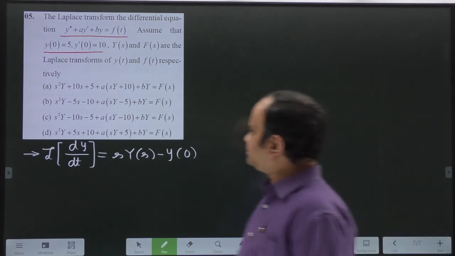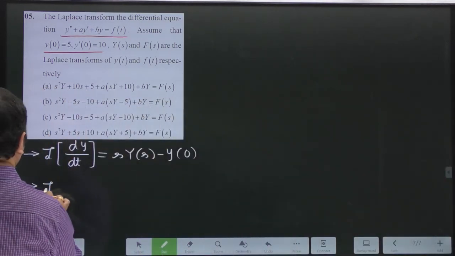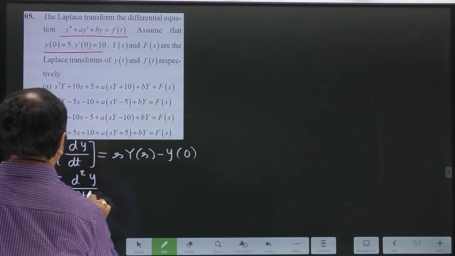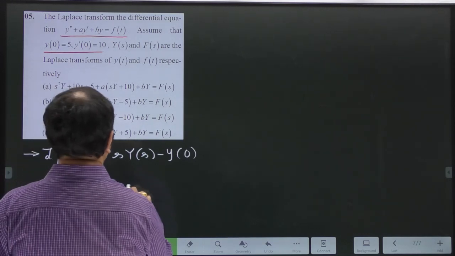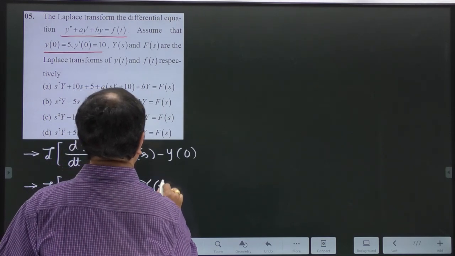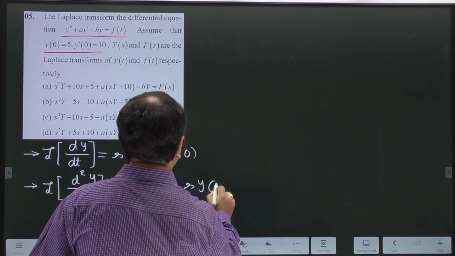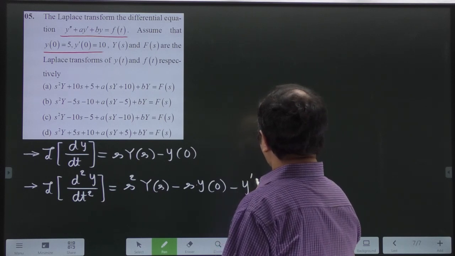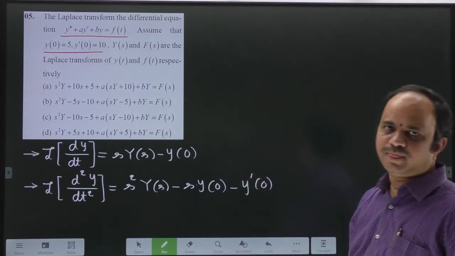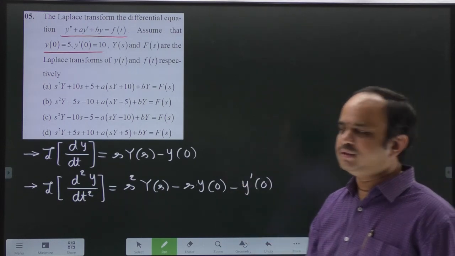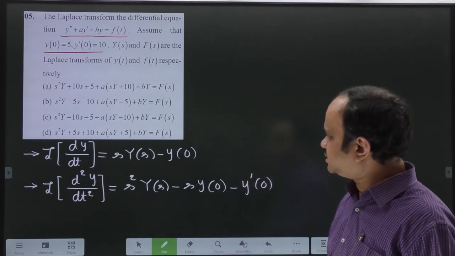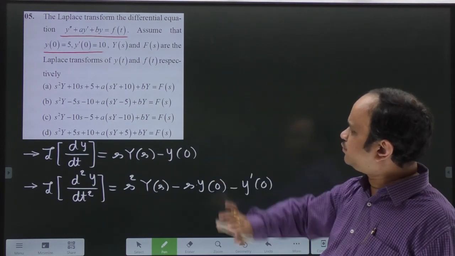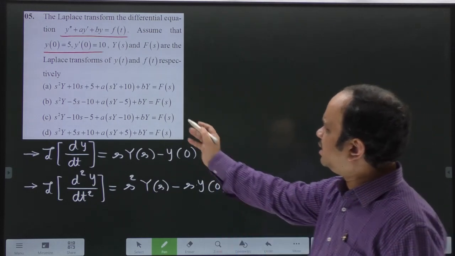Next, the Laplace transform of d square y by dt square is equal to s square into Y of s minus s into y of 0 minus y dash of 0, where y dash is the first derivative. So these are the basic formulas from the Laplace transform of the differentiations. You can also call it the differentiation theorem from the Laplace transform basics. Now by using these two formulas, you can just write it down, it is only a rearrangement.